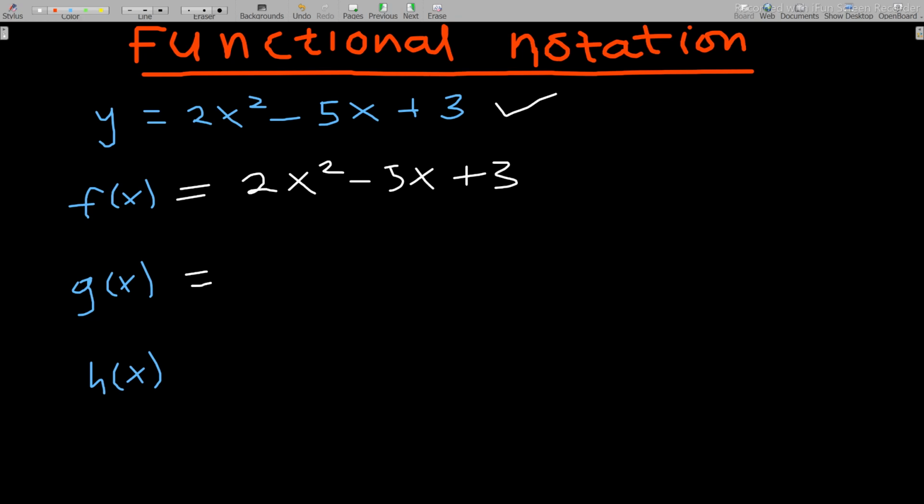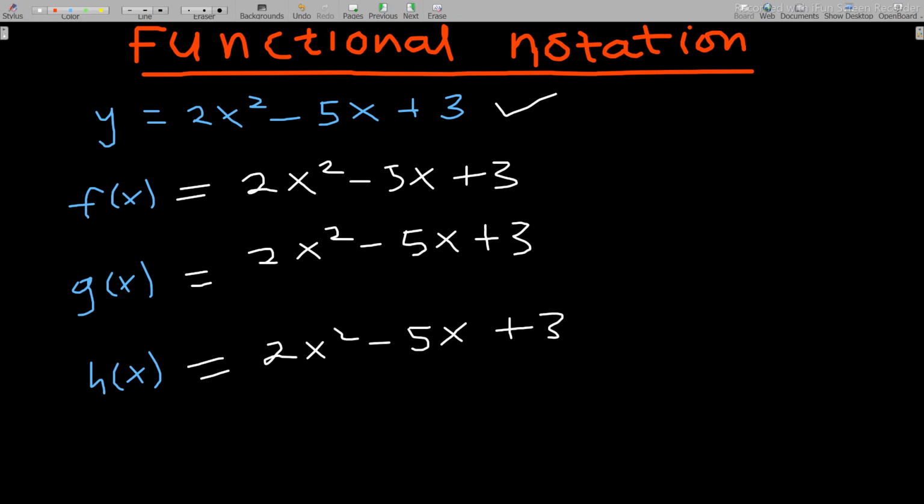It is the same thing as g of x, depending on the way you want to call it. That is very simple for you to understand. So these are all the same, just showing how differently we can express our function.